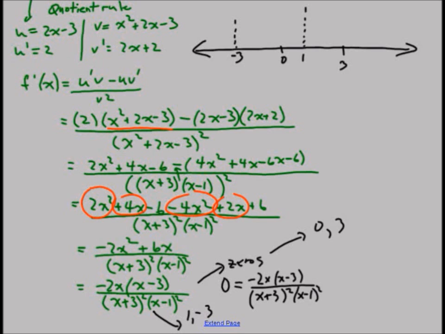And this function, is it increasing? This derivative function, is it increasing or decreasing in each of these intervals? So choose something smaller than negative 3, so negative 4. So we're working with this, and we plug negative 4 in there.